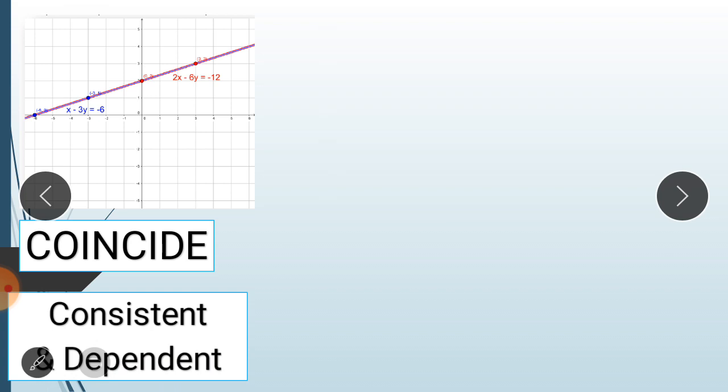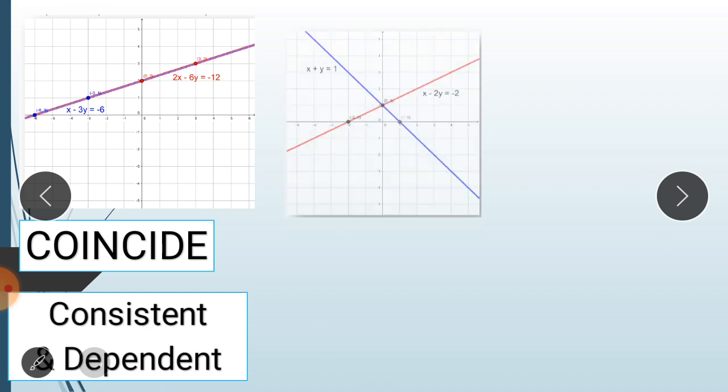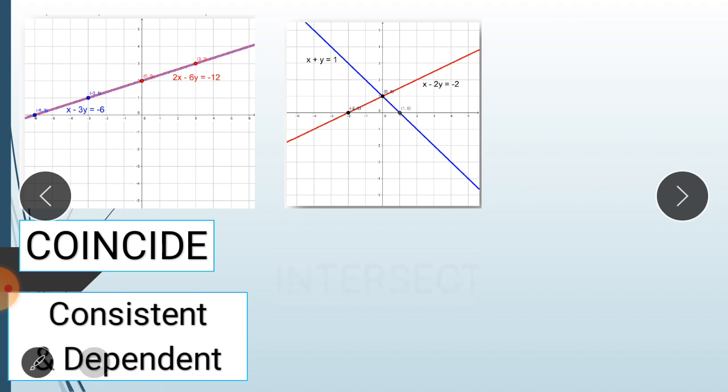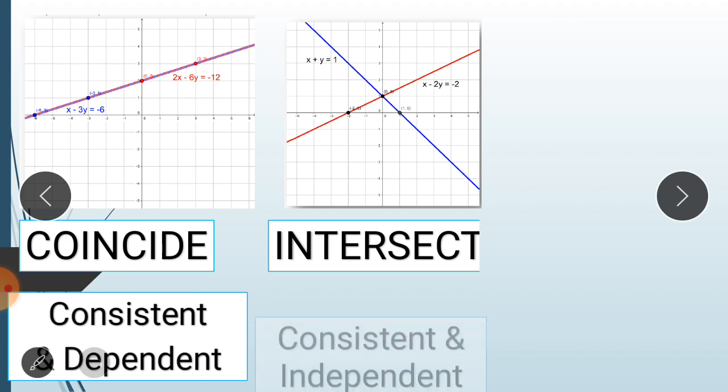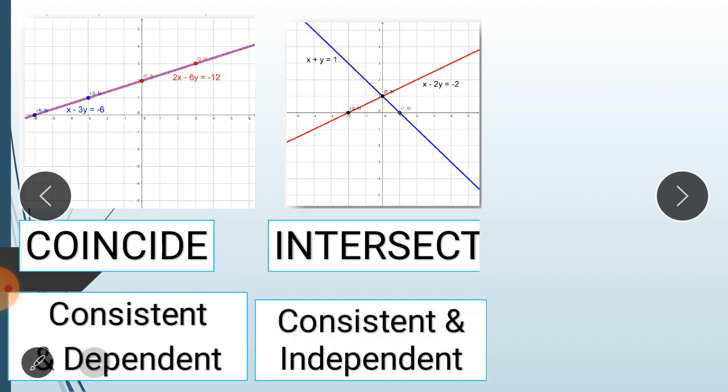They have the same slope and same y-intercept. How about this one? Intersecting lines. 3, 2, 1. So what's your answer? The answer for this one is consistent and independent. You can pause while I am counting if you do not know the answer yet.